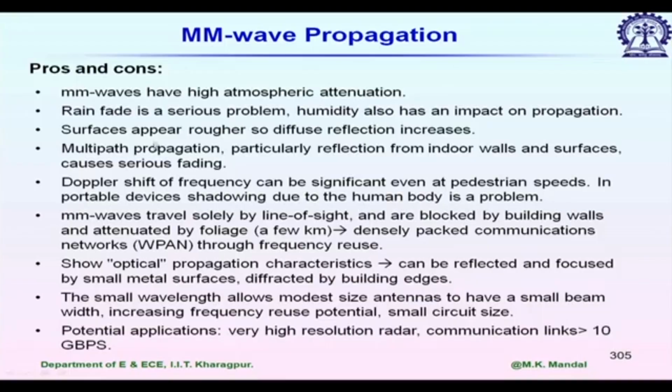But at millimeter wave frequencies, where the wavelength is typically less than 1 centimeter, and at high millimeter wave frequencies is almost 1 millimeter, the surface will appear rougher and we have diffuse reflection from walls, furniture, buildings, and foliage, trees also. Multipath propagation, particularly reflection from indoor walls and surfaces, causes a serious fading problem.